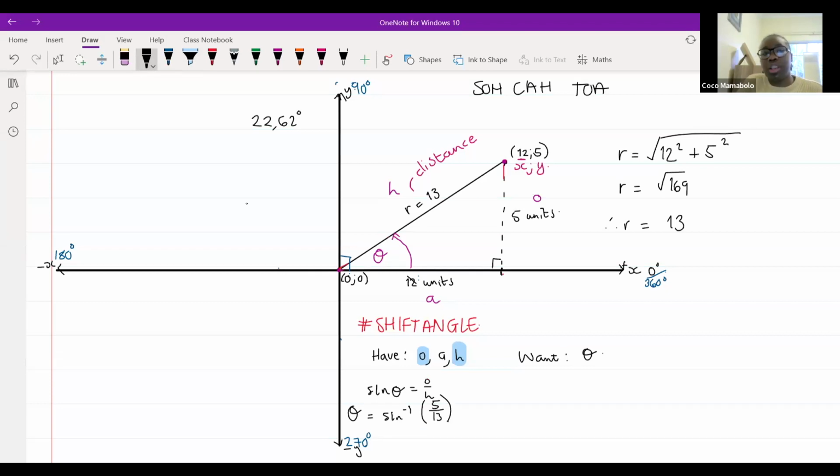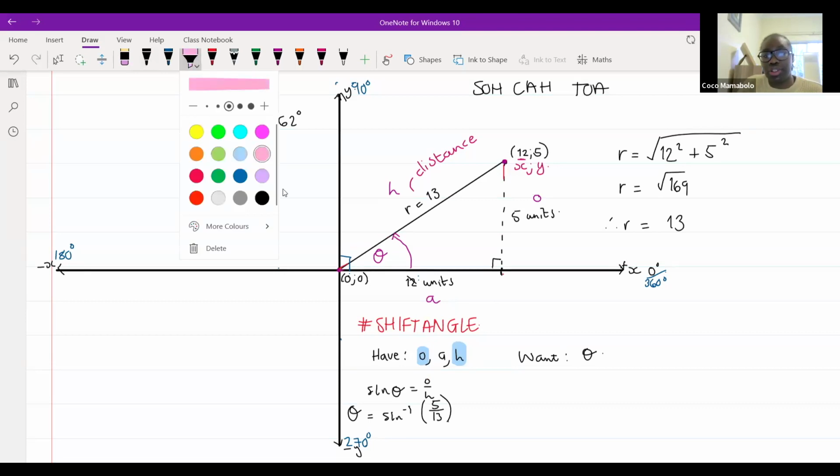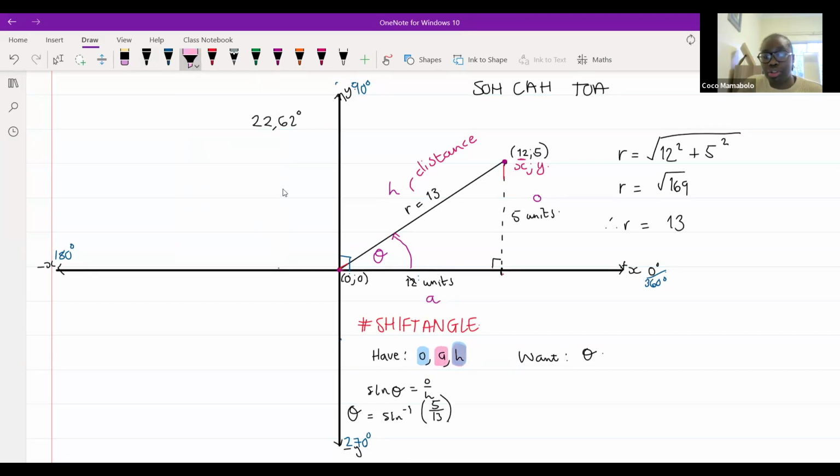If I decide to use adjacent and hypotenuse, then cos of theta is equal to adjacent over hypotenuse. Therefore, theta is equal to arc cos, so shift cos, of adjacent, which is 12, over hypotenuse, which is 13.